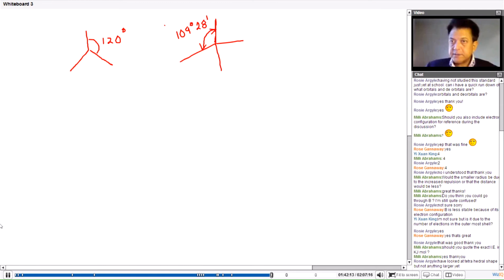That's a trigonal planar or a tetrahedral arrangement. Then, of course, if you have just 2 electron pairs that you want to separate to a maximum, 2 bonding electron pairs like that on either side of a central atom, naturally the angle will be 180 degrees. And there we have it.